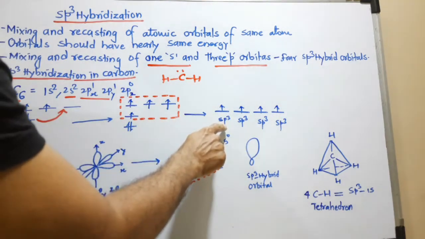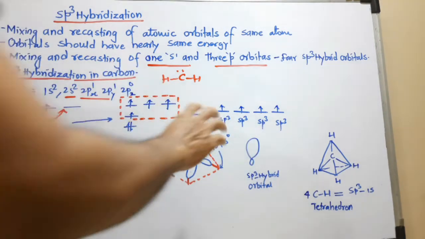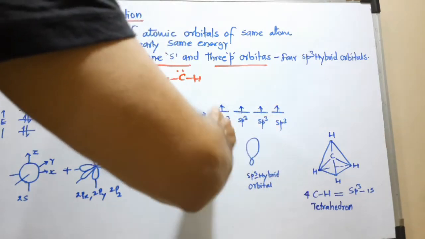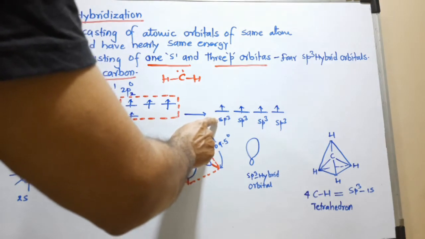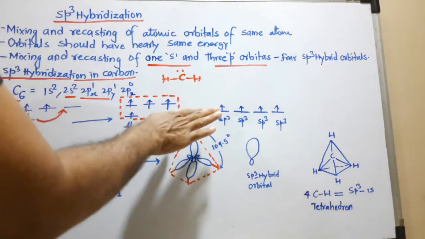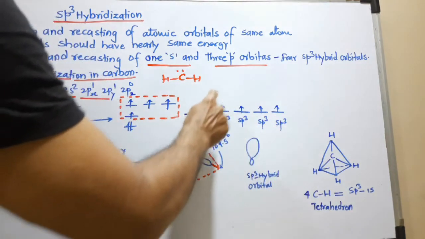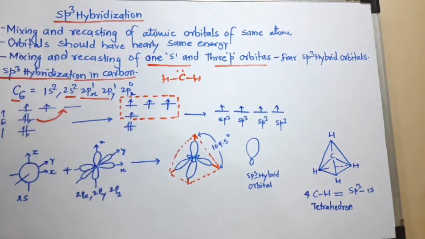So each one is now called sp3, sp3, sp3, sp3. In all these 4 sp3 hybridized orbitals, there is 25% s character and 75% p character. You can see all these 4 newly formed hybrid orbitals are equivalent. Their energy is the same, their shape is the same.